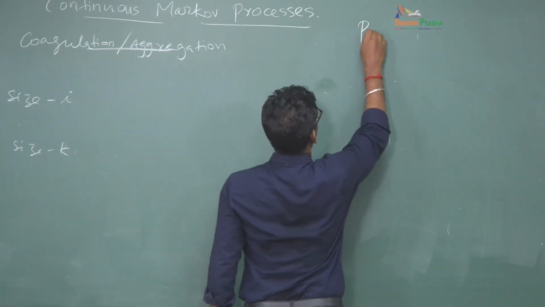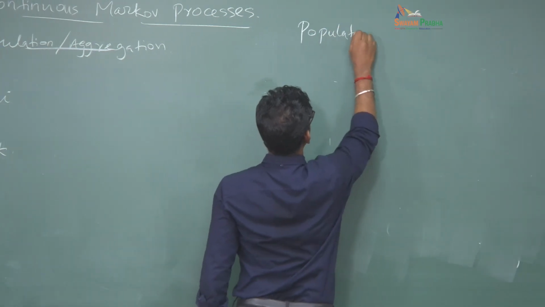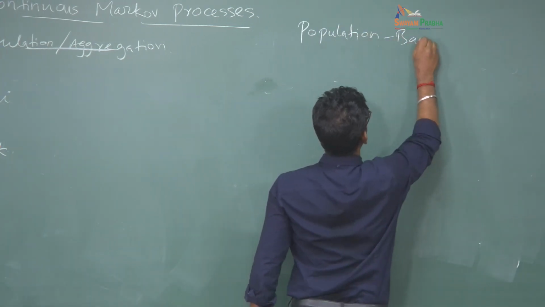We say this is called the population balance equation. It's actually the same as the chemical master equation.